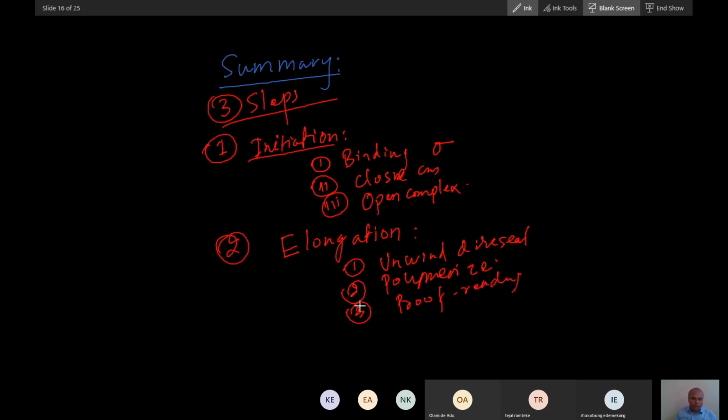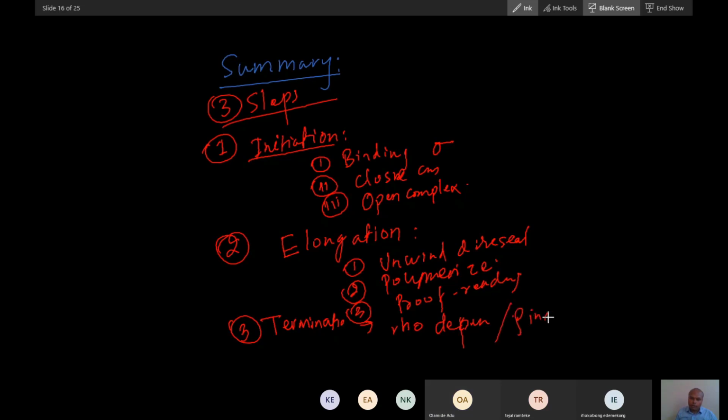So 3 events. Now the third stage is termination. What are the processes of termination? Rho independent termination and rho dependent termination.